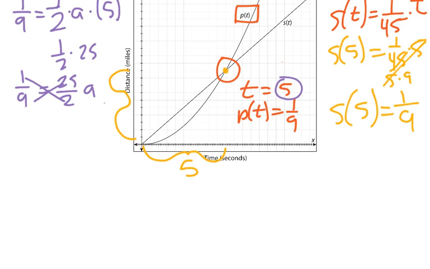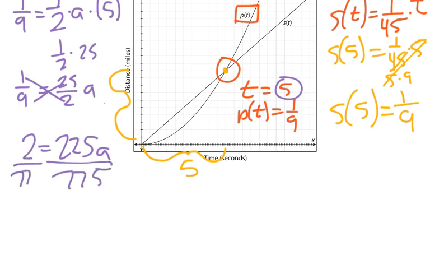We'd go 9 times 25, which would be 225a, equals 1 times 2 is 2. Then we divide by 225. So we'd get 2/225 would equal a. Okay? So the acceleration would be 2/225 miles per second squared.